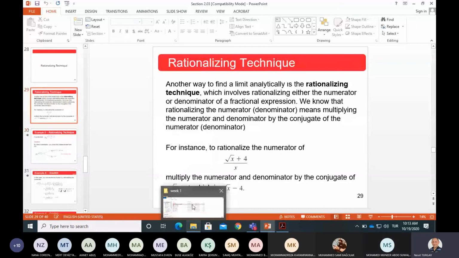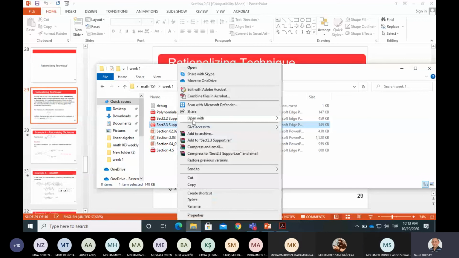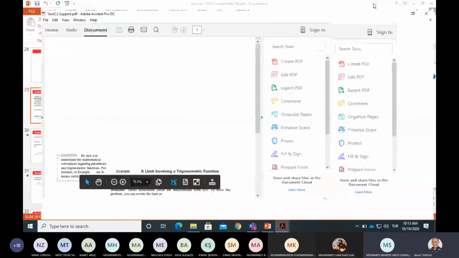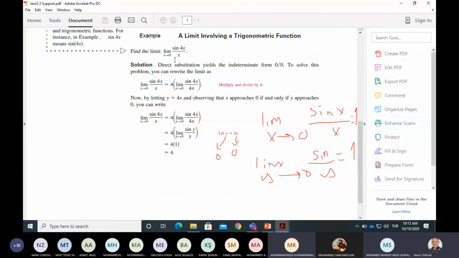Okay, support file, right? This is an interesting question. Okay, look, can you see the limit of sine 4x over x when x goes to 0? Now, direct substitution gives you what? 0 over 0. My friend, what you are doing, at the end, I want to use this rule. Can you see that?